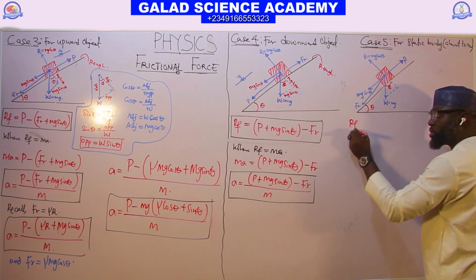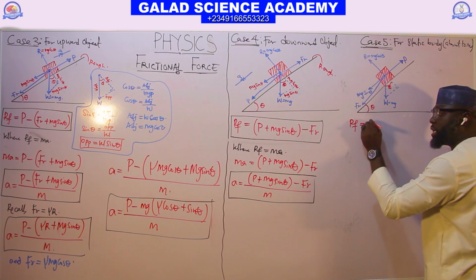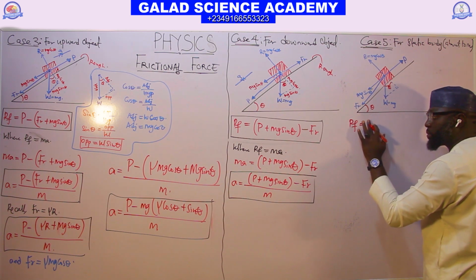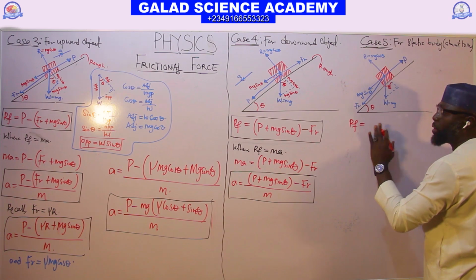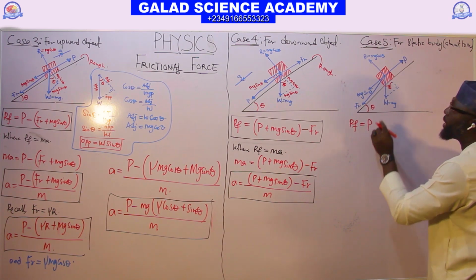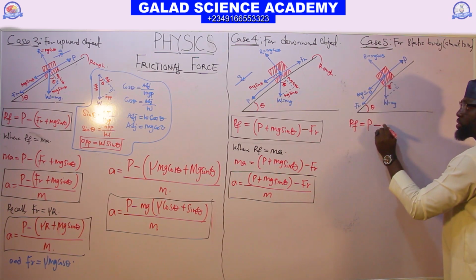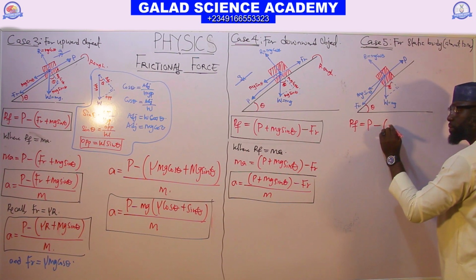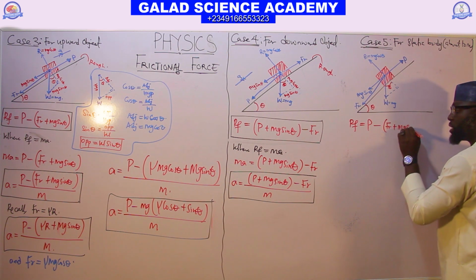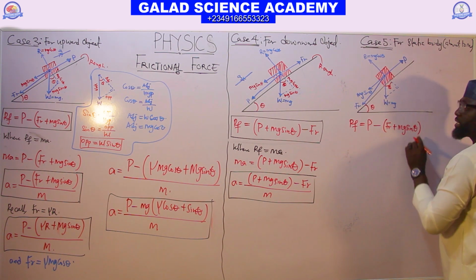So we can now have the resultant force to be P minus frictional force plus mg sin theta.